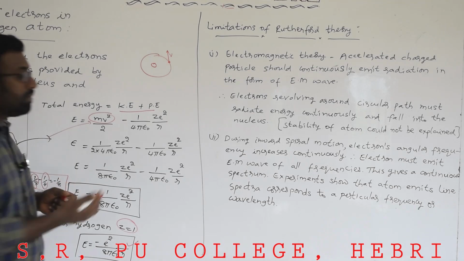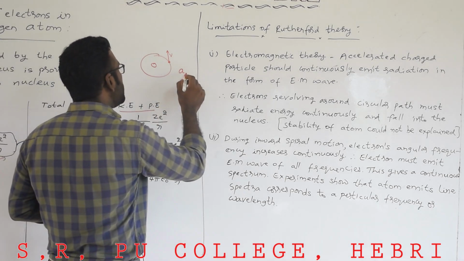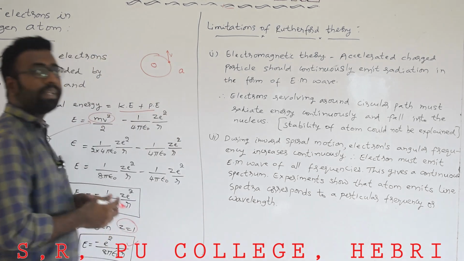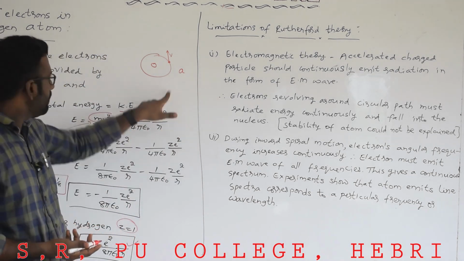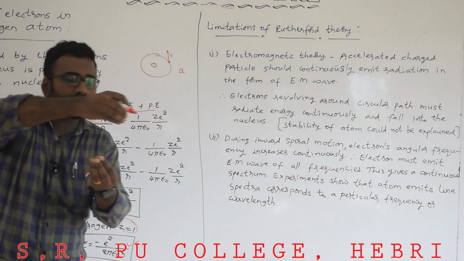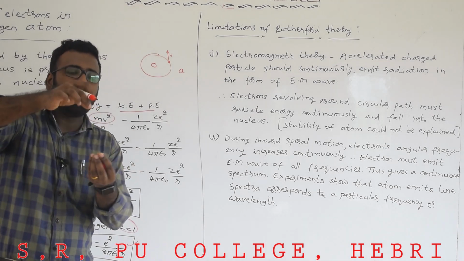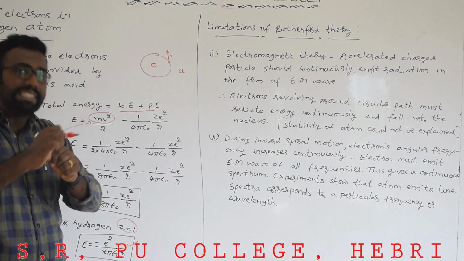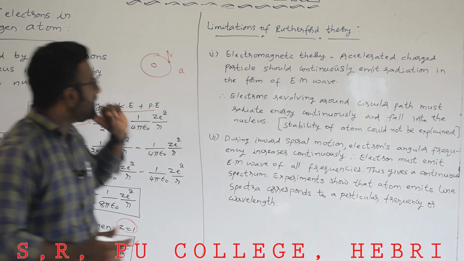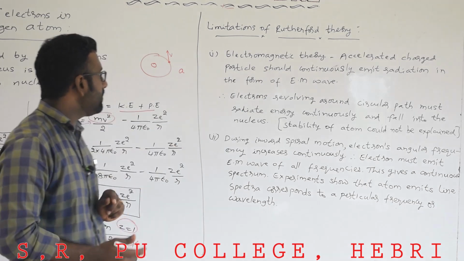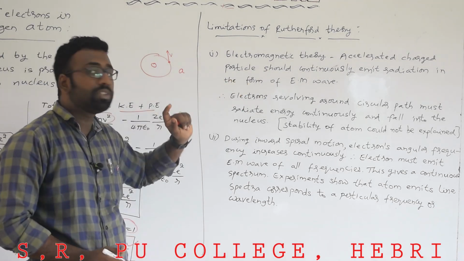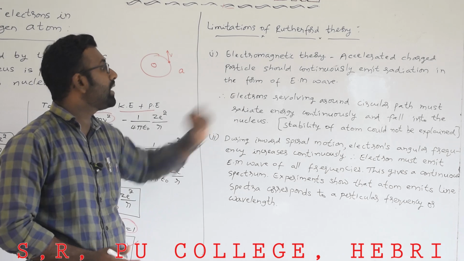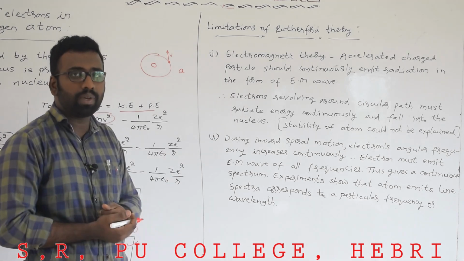So that means velocity changes. Velocity changes means, you know, right, dv by dt, it's acceleration. That means when an electron revolves around the circular path, at every point it gets accelerated towards the center. So that's the reason why, as Maxwell says, an accelerated charged particle should continuously emit electromagnetic radiation or electromagnetic waves.